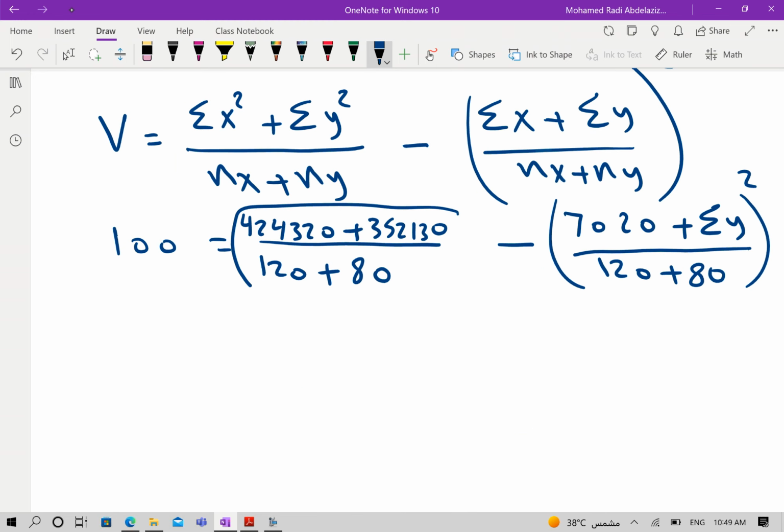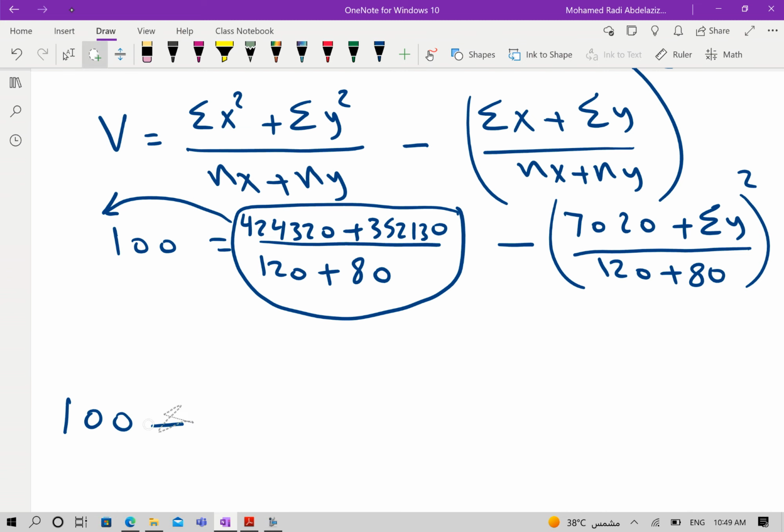Calculate this part. Please move it to the other side. So it will be 100 minus what? Just calculate this part only, please. You are right.